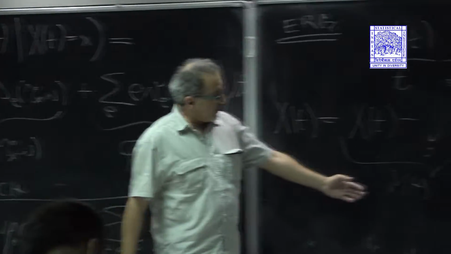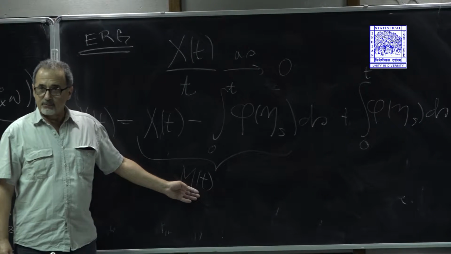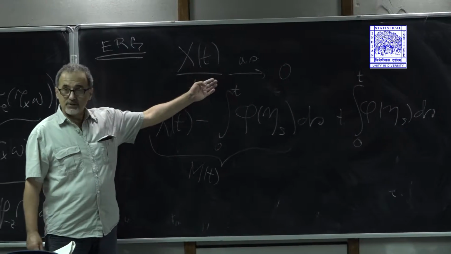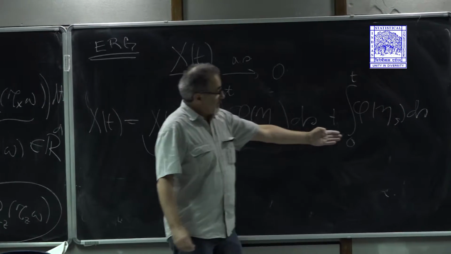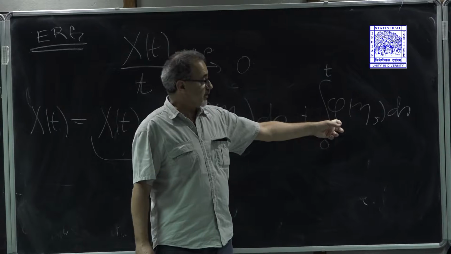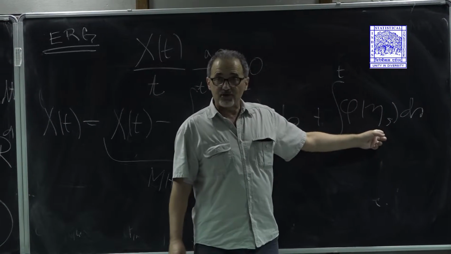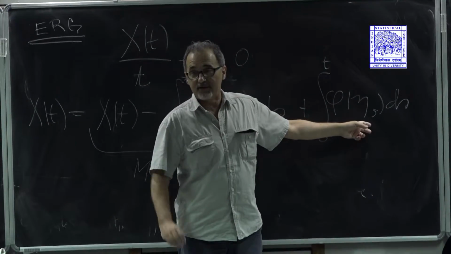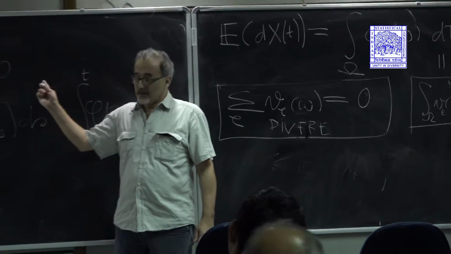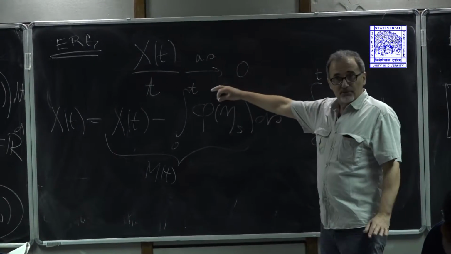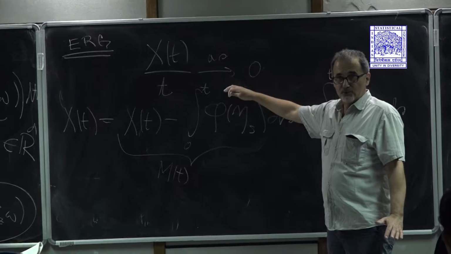But this is a martingale with stationary and ergodic increments, zero mean, which gives this. And by the ergodic theorem, if it's indeed the case that the expected value of phi is 0, and I integrate it along the trajectory of an ergodic Markov chain which is stationary, then I get this by the ergodic theorem, right? And if I wrote it down already, this is just cheap, no surprises so far.